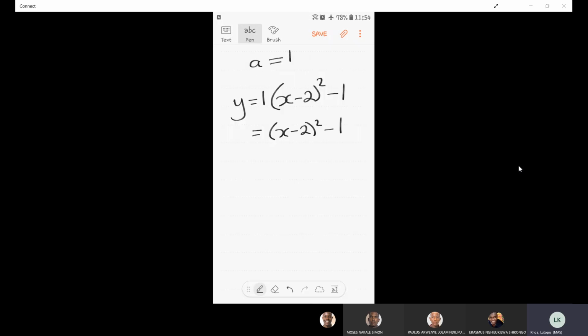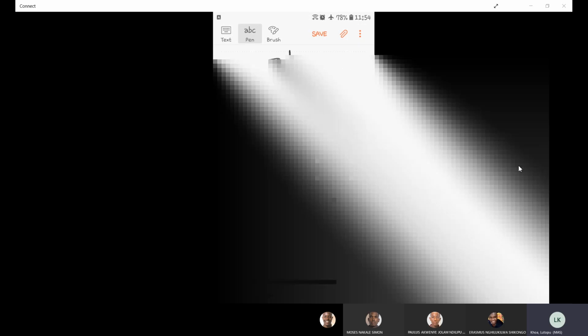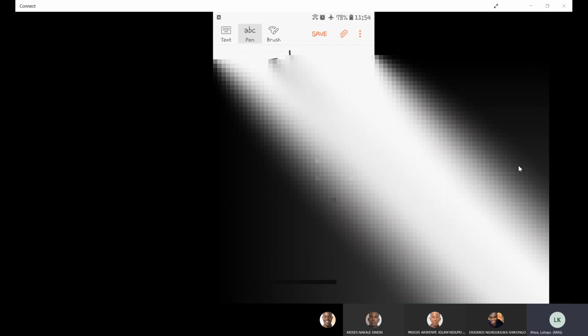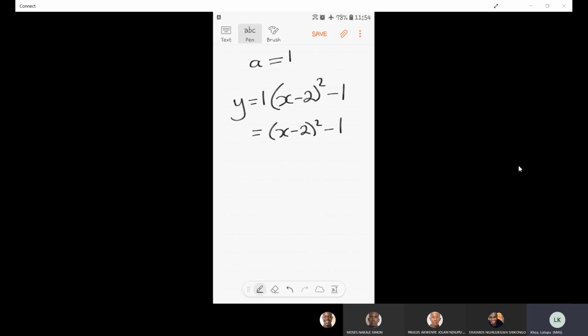Okay, so that's when you're given a turning point and another point that lies on the line. Now you can also be given just 3 points that lie on the line. Now the way you work this out is you will have to solve these 3 equations simultaneously. So let us very quickly look at this example. Now this is exercise 4.7.2.2.